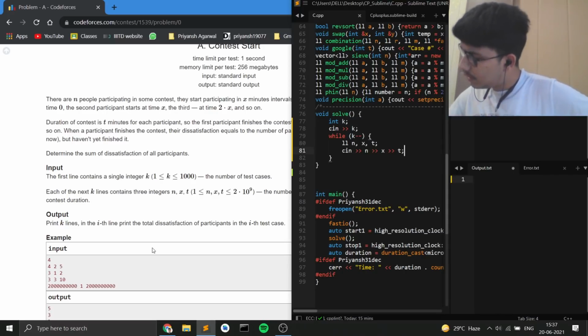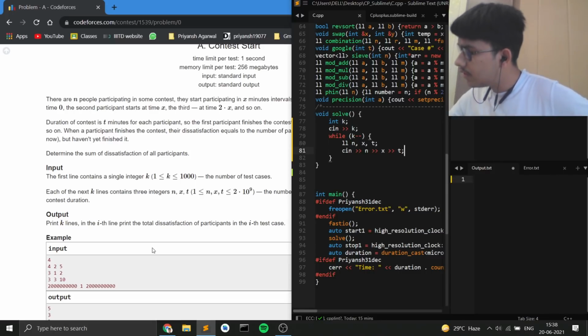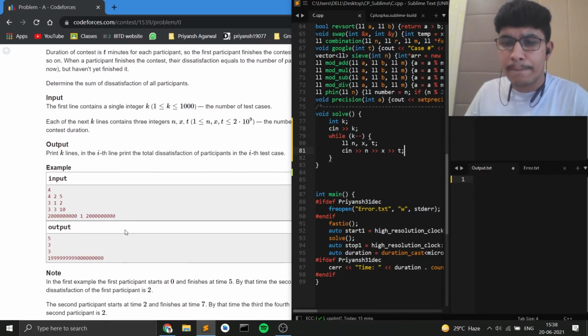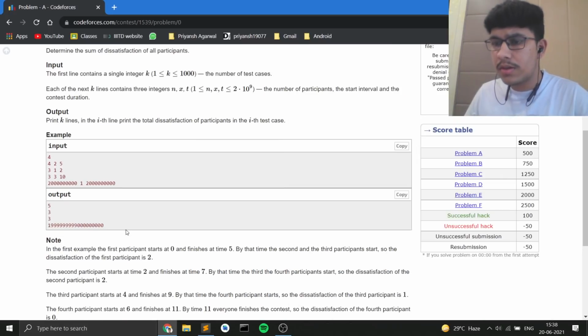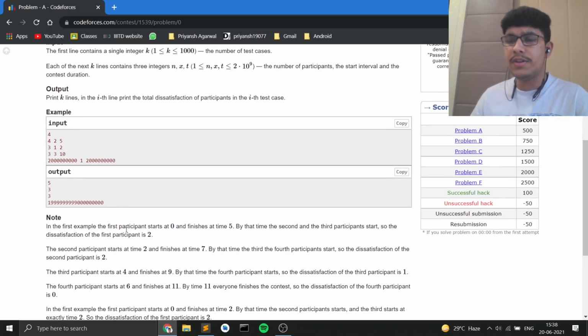So if I know that three people are able to start before this one, what about 2t? This one finishes at t plus x, right? This is pretty confusing. The second participant starts at time 2 and finishes at time 5.